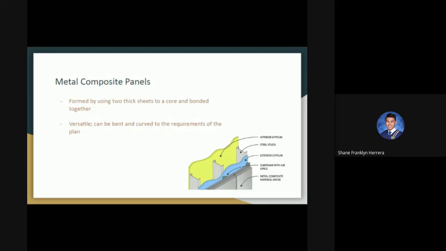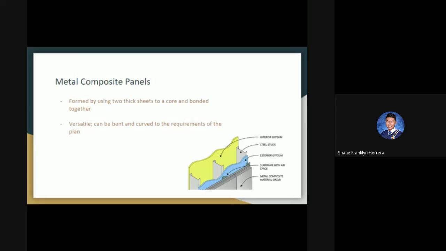It's almost like sandwiching, but not literally, the metal to the plastic. These are bonded through a specific temperature, pressure, and tension depending on what it will be used for.